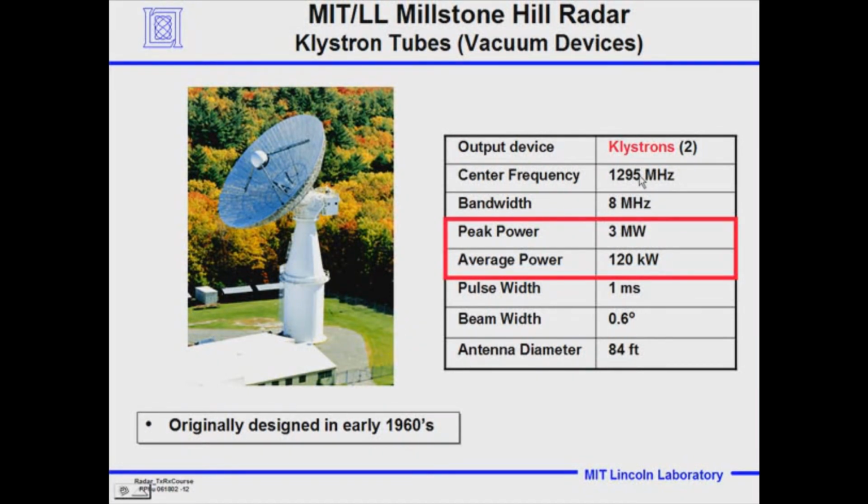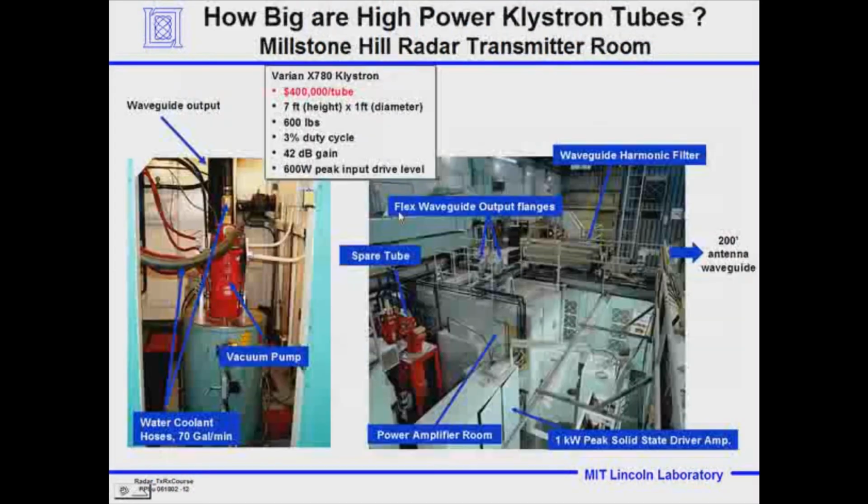That's a wavelength of about 23 centimeters, about 1300 megahertz, and it's got a peak power of 3 million watts and an average power of 120 kilowatts. That reaches out there. And here's a picture of the dish antenna it's connected to. In the building down here is the transmitter, and you'll see that in a moment. And that antenna diameter is 84 feet.